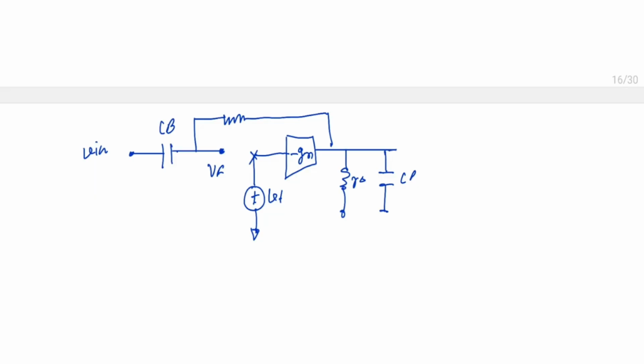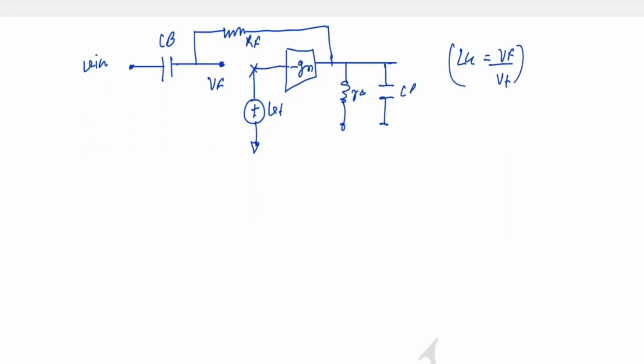Now how we can calculate it, like exact analysis, the loop gain will be Vf by Vt. Okay, so while calculating exact analysis, suppose I am calling this one V naught dash. So what will be the Vf?